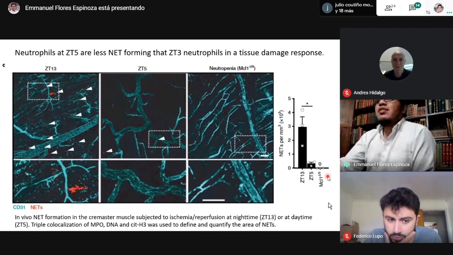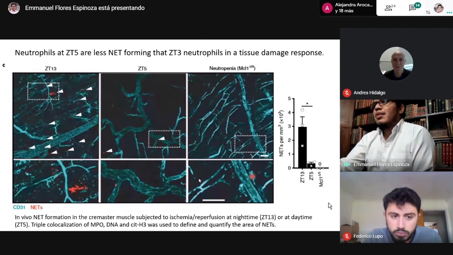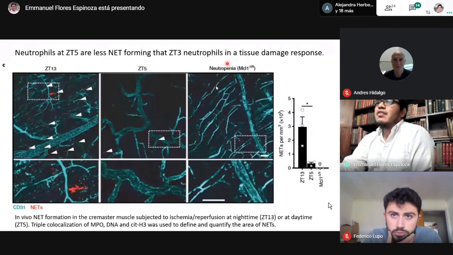And indeed there is more NET formation at nighttime than in the daytime. And we have the control, neutropenic mice, as a control of NET formation.